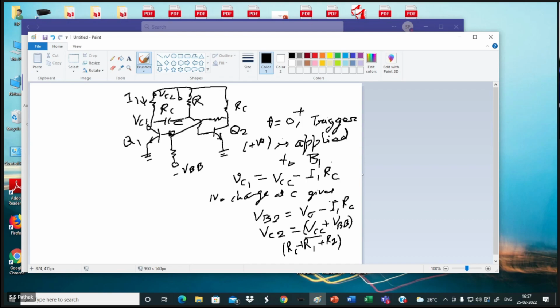This is the voltage I want to find. If I make it R1 plus R2, that will be the same as if I make it into RC. Anyway, let me put R1 plus R2 here, doesn't matter. So this becomes my VC2 at t equal to 0 plus.